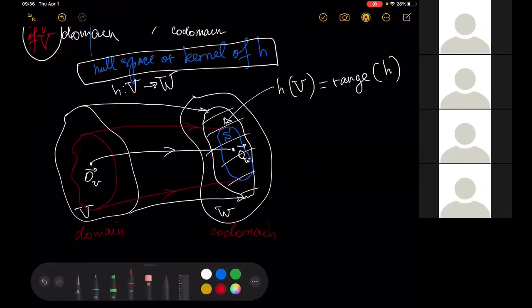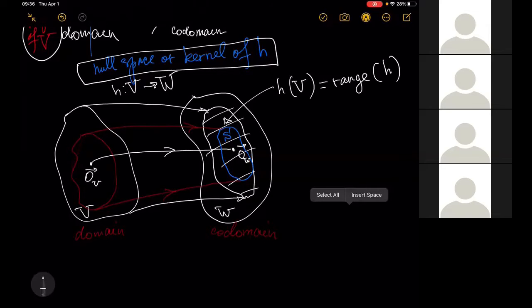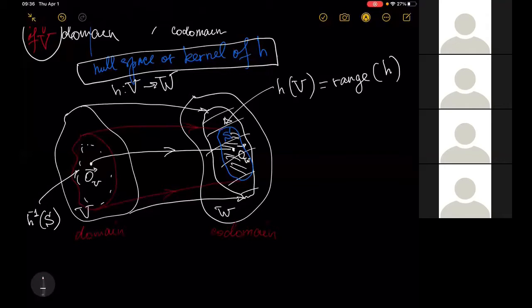So if I find all possible vectors from my domain, this thing is called the inverse image of S. So all possible vectors from the vector space V, which end up in the subspace of the range, right?